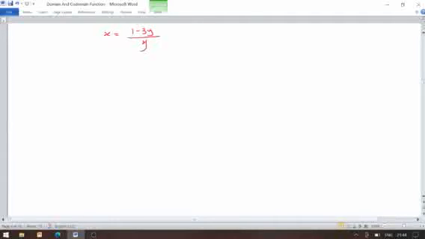So now it is clear that the value of x should exist for all real values of y excluding 0, because once the denominator is 0 then the value of x should be undefined. So it is clear that when y equals 0, x will be undefined.